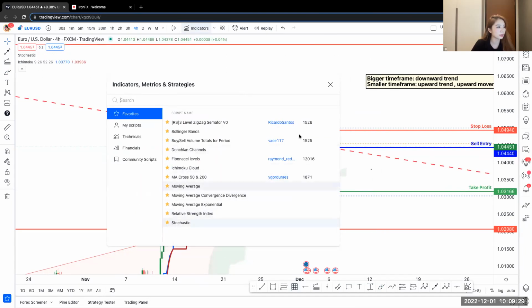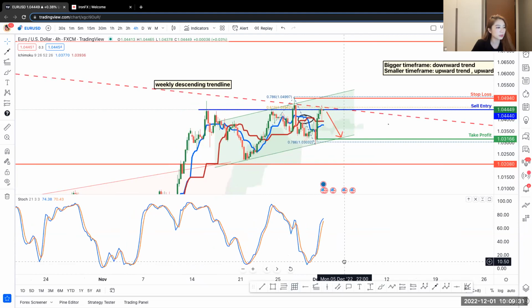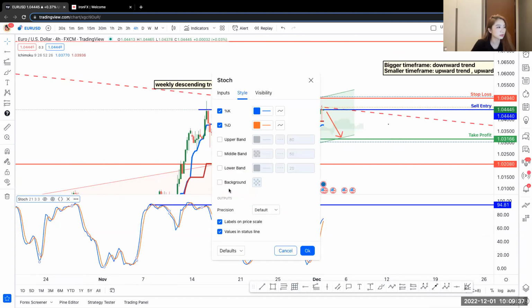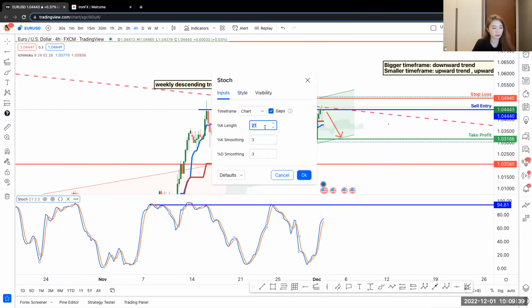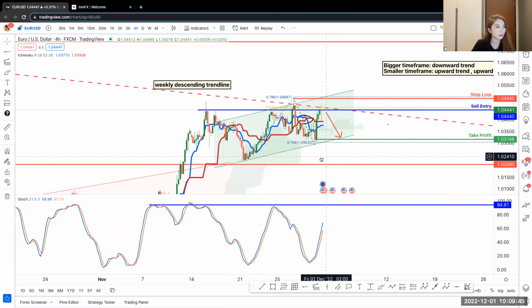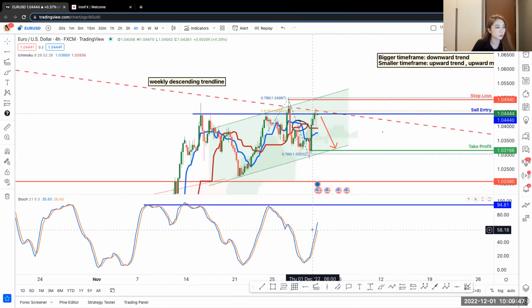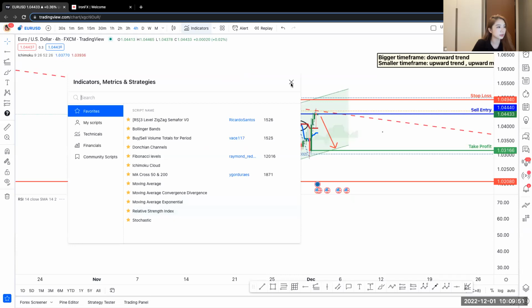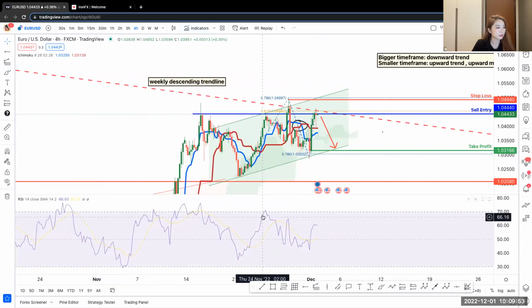Let's also look at the stochastics. Right now price is approaching the upward level. If you want to, you can still wait for the downward movement. Let's look at the RSI. RSI is a very clear sign of downward trend line movement.